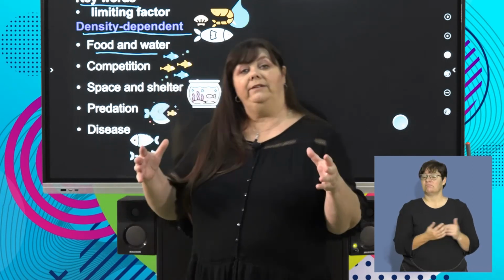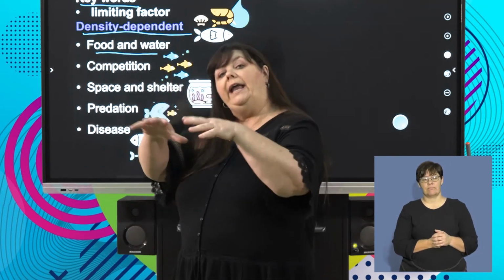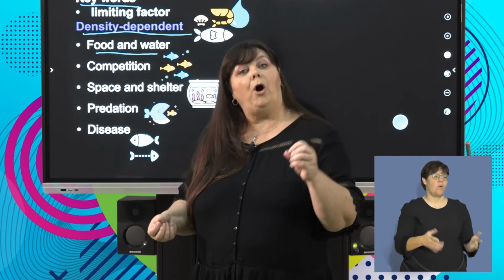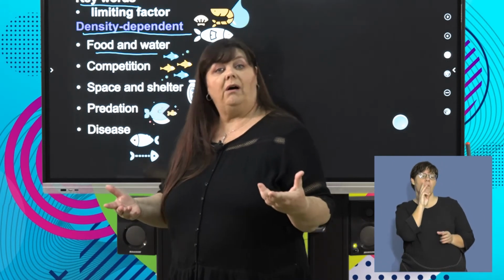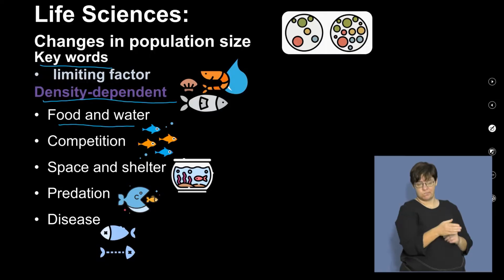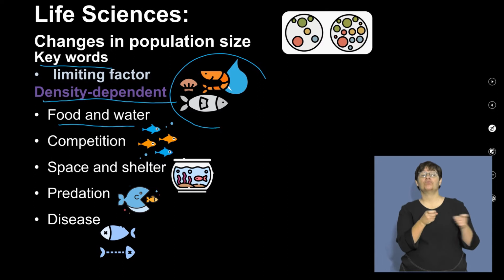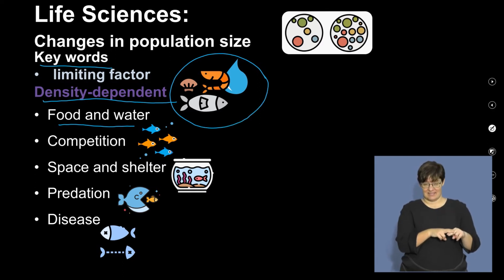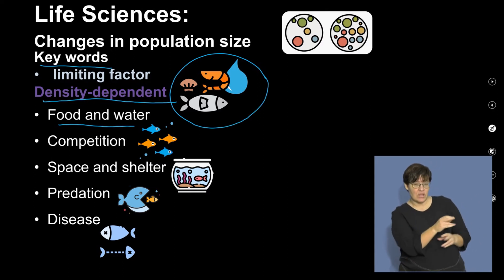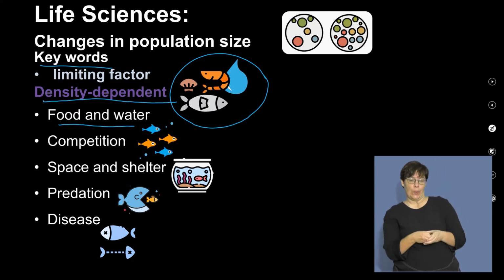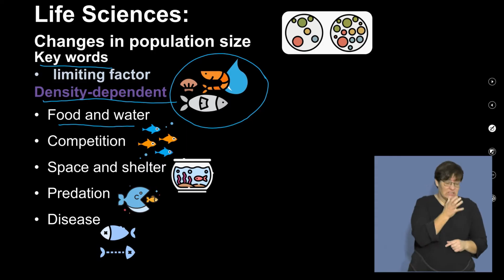If we have an area, let's say a lake or a pond, where there are fish, the population of fish is going to be controlled depending on how much water there is and how much food there is.